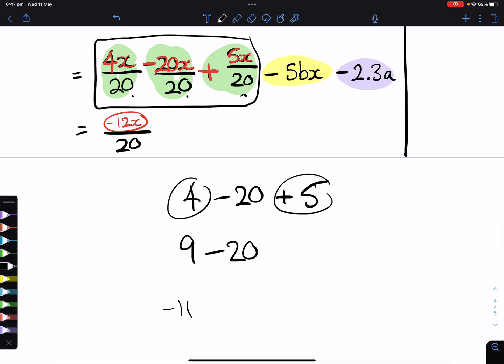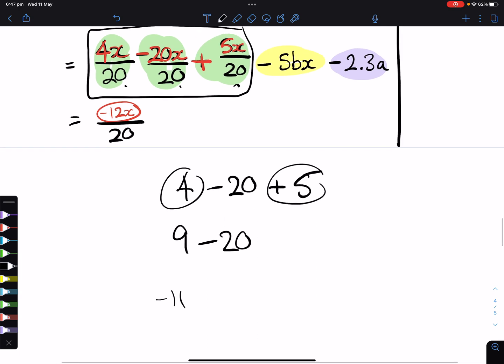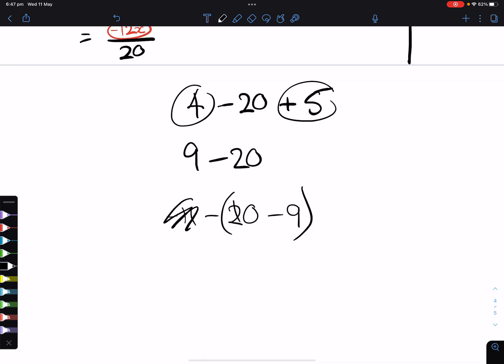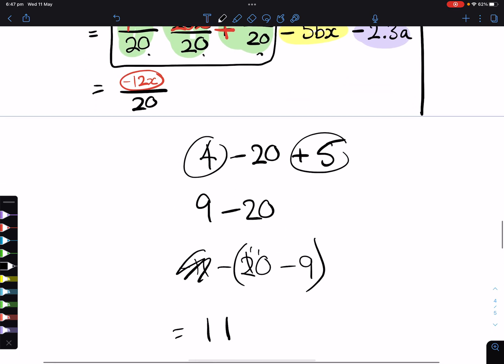Maybe I was. What's another trick I can do to make sure I get it the right way around? So by 20, take away 9 and put a negative around it. Yeah, so it's 10. So 10 take away 9 is 1. 1 take away nothing is 1. So it should be 11. So it should be a negative 11.